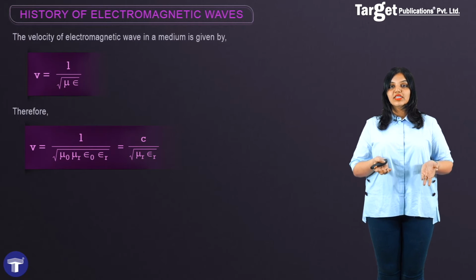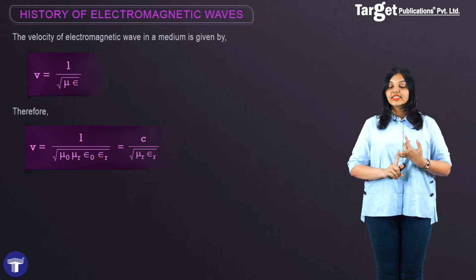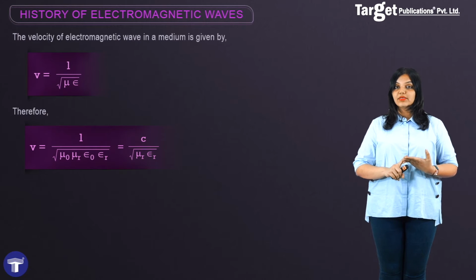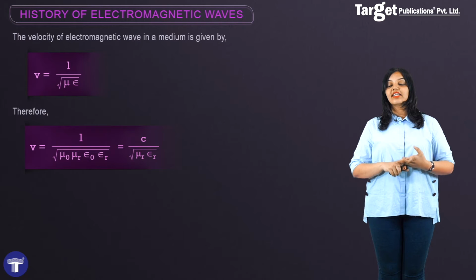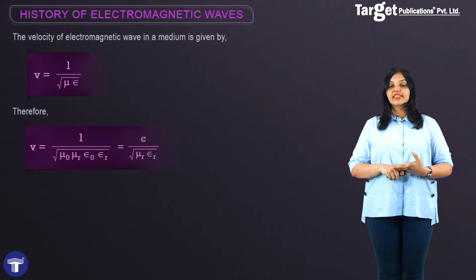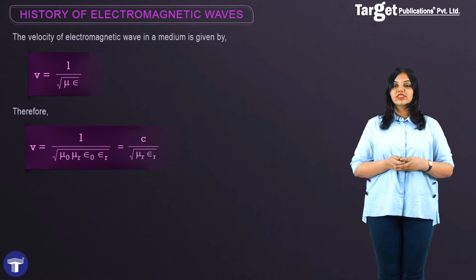So far we have learned that Maxwell not only predicted the existence of electromagnetic waves, he also predicted that they will not require any material medium. He gave a formula to find their speed, and finally, and the most important discovery and prediction from this was that he said that light is an electromagnetic wave, and he actually found the speed of light theoretically using this equation, that is c = 1/√(μ₀ε₀).